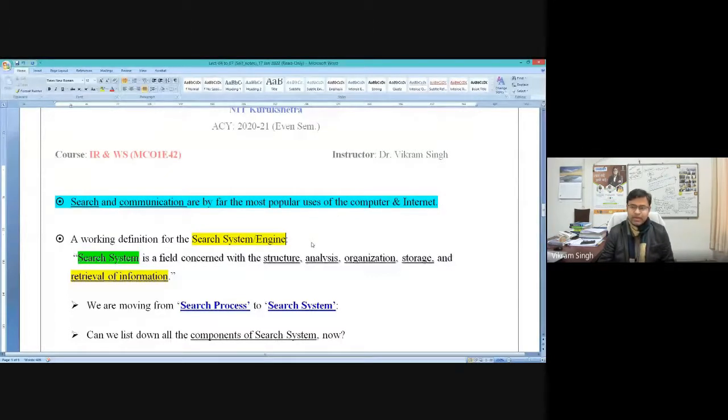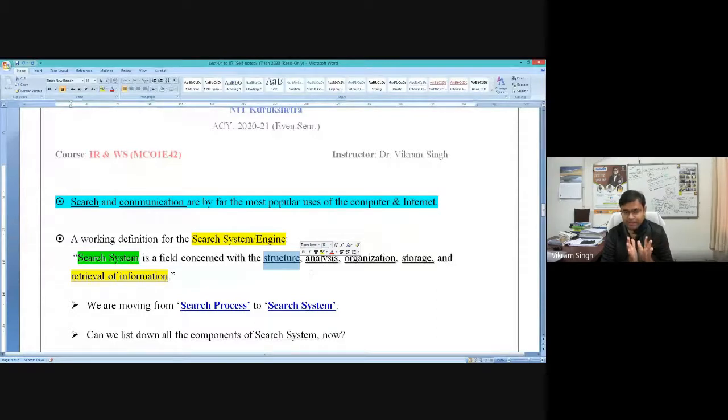Now what we are emphasizing is that whenever we try to design a search system, it will be dealing with some sort of structure, maybe the structure of a document, the structure of data, the structure of details which are available, right? The search system itself will analyze this structure, utilize some details, and organize them.